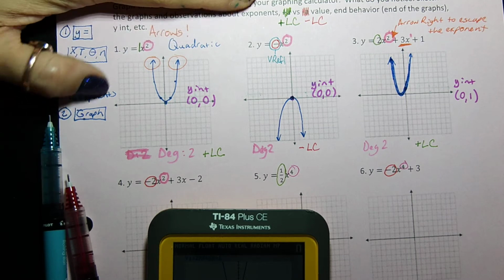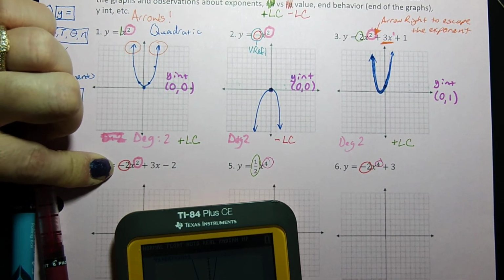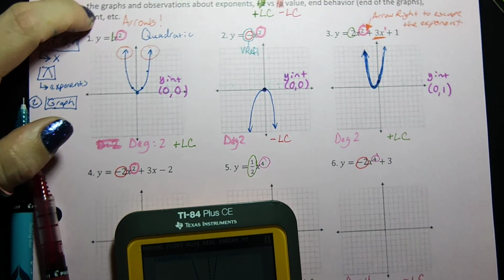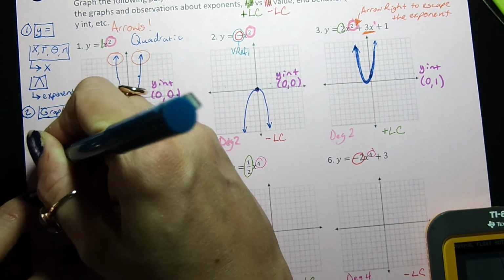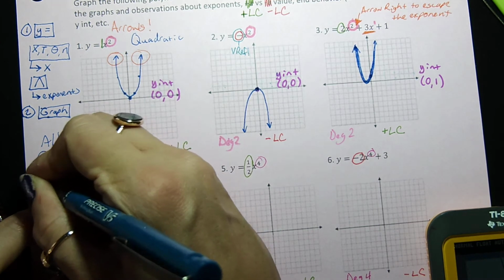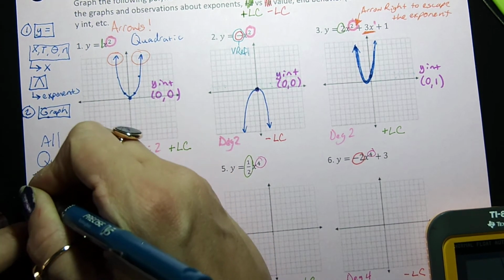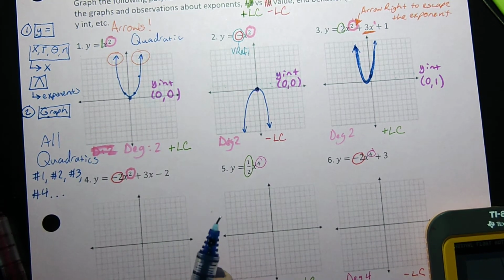So if that's the case, what should number 4 also be? It should be a quadratic as well. So let's put a note by these ones that says all quadratics. Number 1, number 2, number 3, and hopefully number 4, and we'll see about number 5.